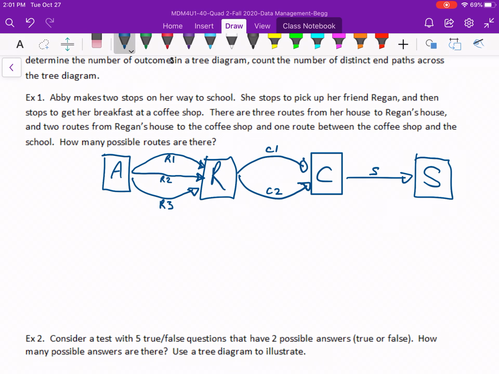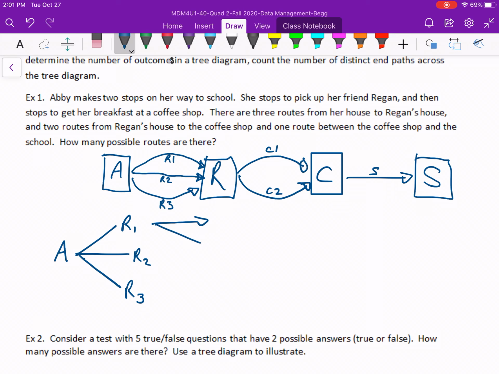So we could do a tree diagram. We could start at Abby's house, and from Abby's house we've got 3 branches. We can go to R1, we can go to R2, we can go to R3. All of them represent Reagan's house, but they're all different ways of getting there. Assuming that she went to Reagan's house on the first path, then she's going to the coffee shop.